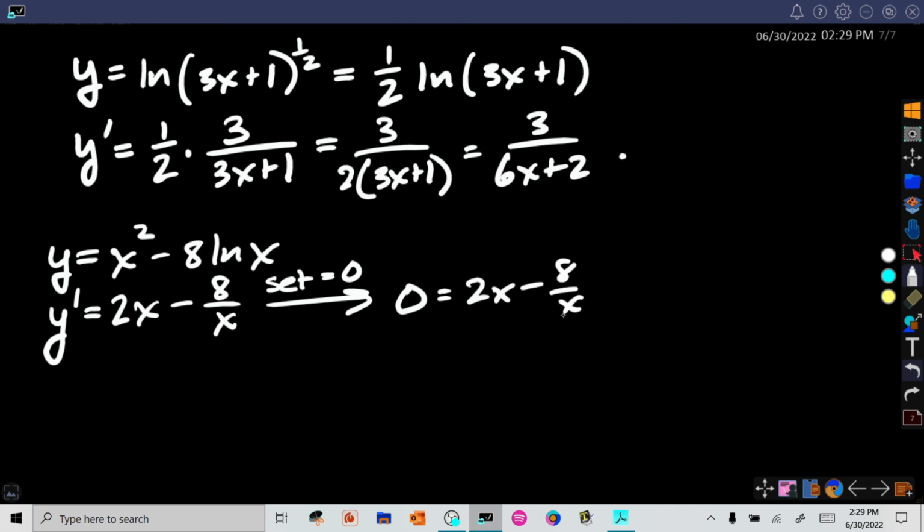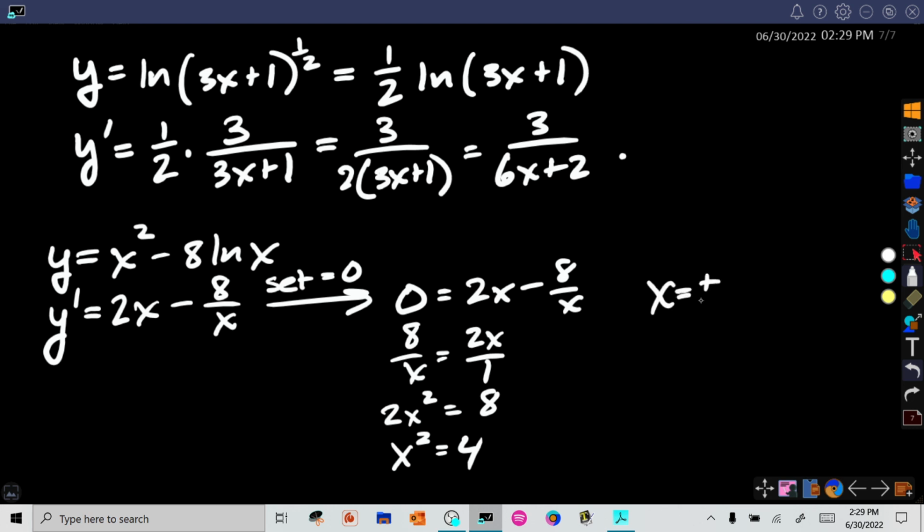If you're wondering how to solve this, I would bring the 8 over x to the other side, and then just cross multiply. As a result, you're going to get 2x squared is equal to 8. x squared is equal to 4 if you divide by 2, which means that x is going to equal plus or minus 2.